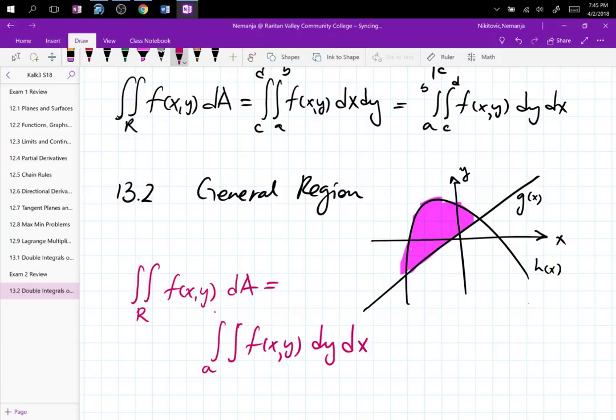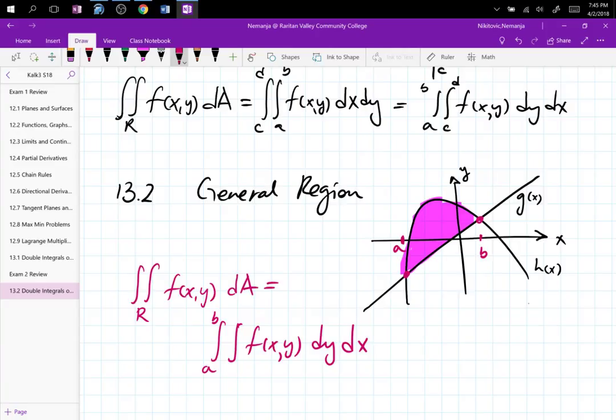X goes from A to B. So looking at this picture, the intersection point gives me A, and another intersection point gives me B on the x-axis. So A to B for dx, which is the outer integral.